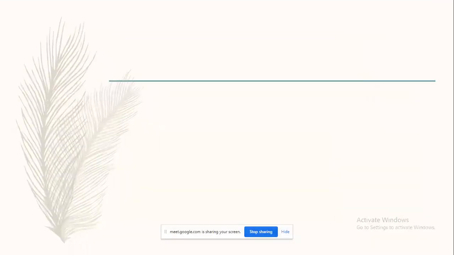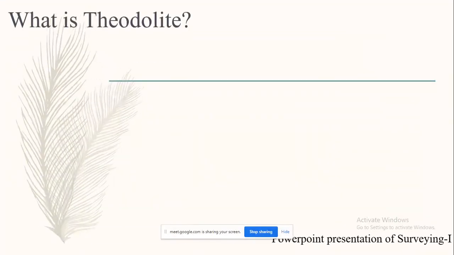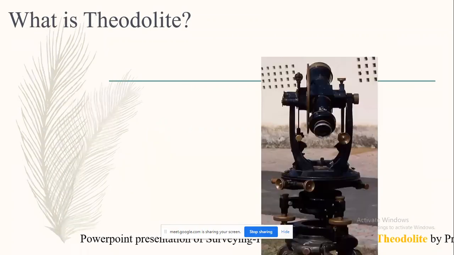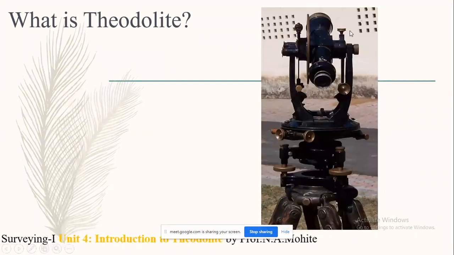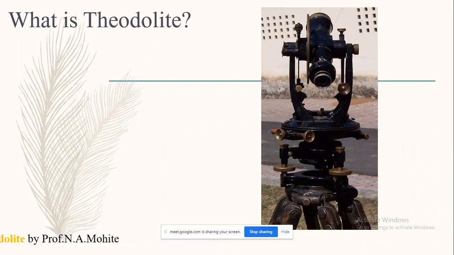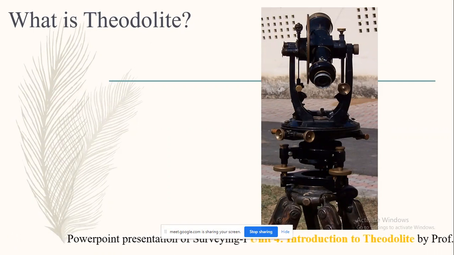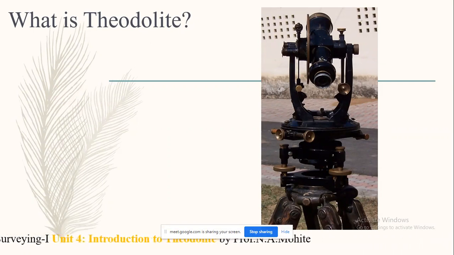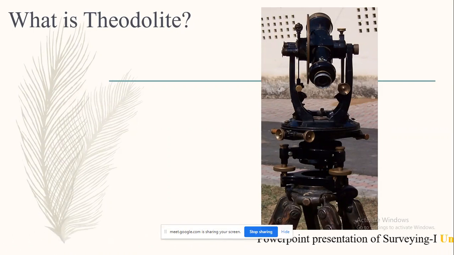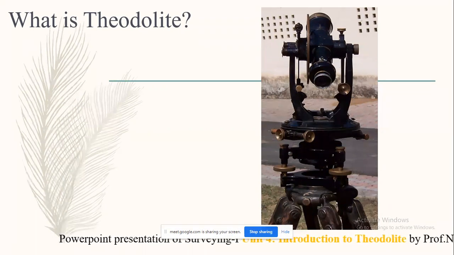Moving to the next point, what is theodolite? As I told you, theodolite can be used for measuring the horizontal and vertical angles up to a least count of 10 seconds or 20 seconds, depending upon the accuracy which is required or the least count of the instrument.